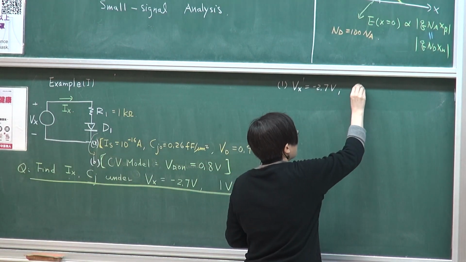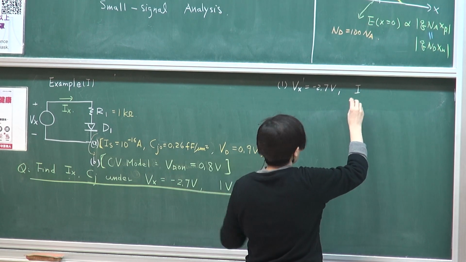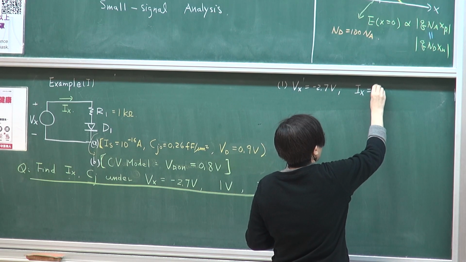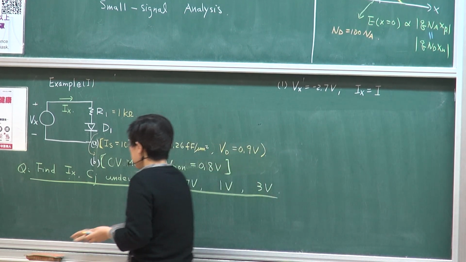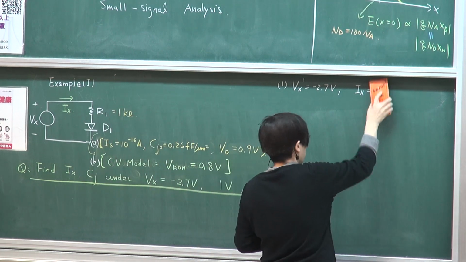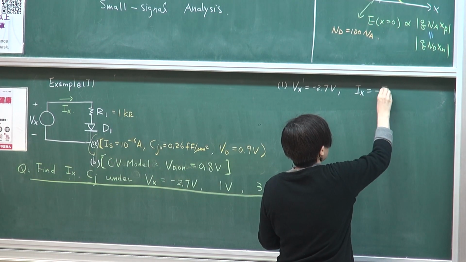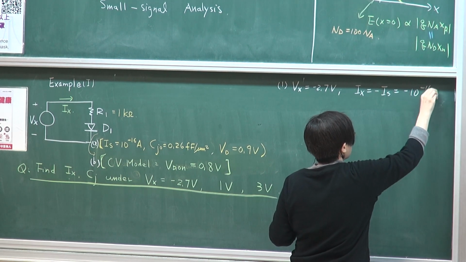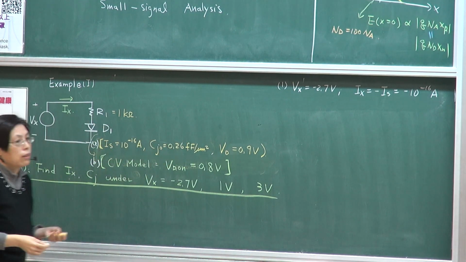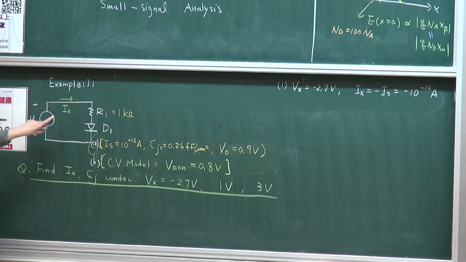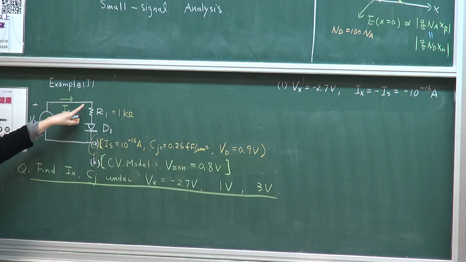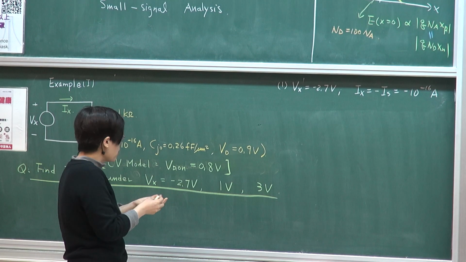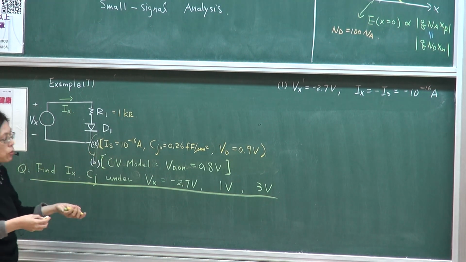Therefore, for your current Ix, you can use the exponential model, but Ix will actually equal minus Is, which is minus 10 to the minus 16. It's a very low current, right? So you can actually ignore whatever voltage drop is on here, it doesn't really matter because you're turning it off. Because this is really in reverse, we want to find out the junction capacitance.